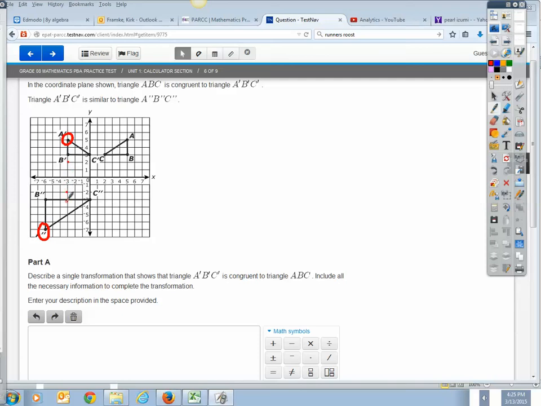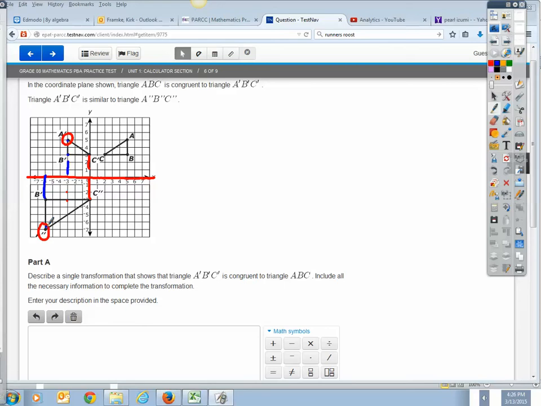It's 6 spaces away. That means that if I reflect over the x-axis, this point is equidistant to this point. Okay, that's a good start. B is equidistant to B here, and A is equidistant to A over here. So I know that first, a reflection over the x-axis would position my triangle just about right.